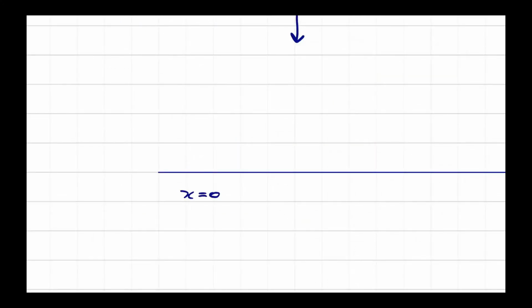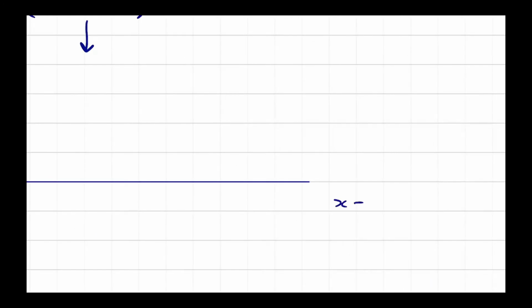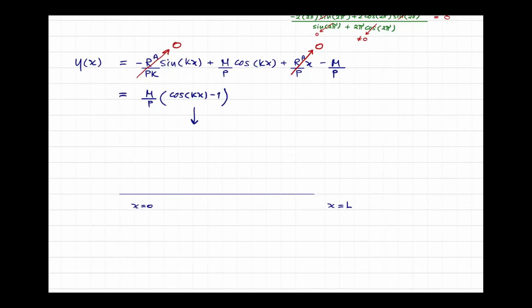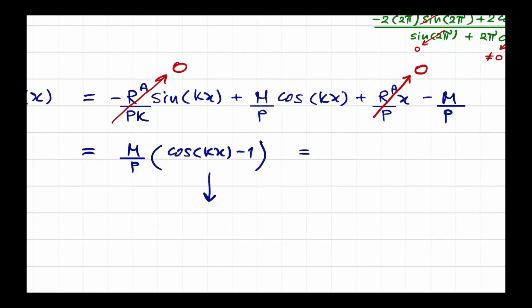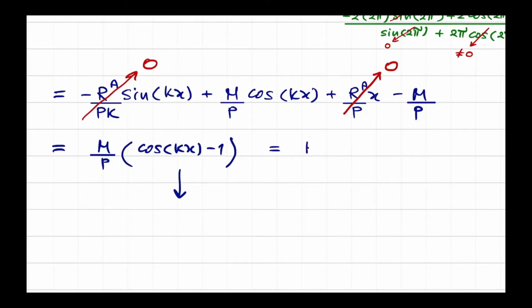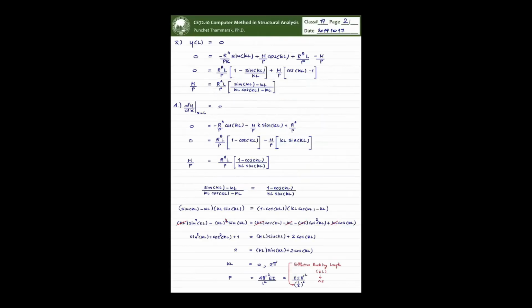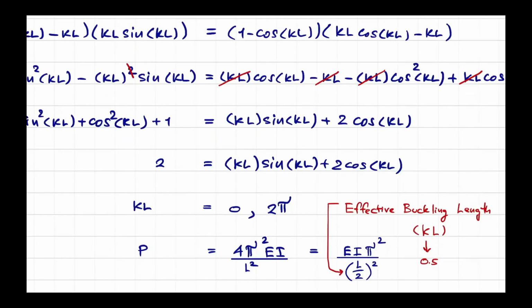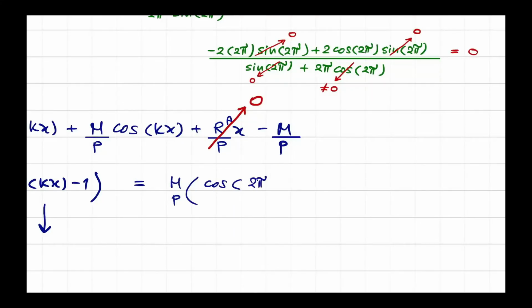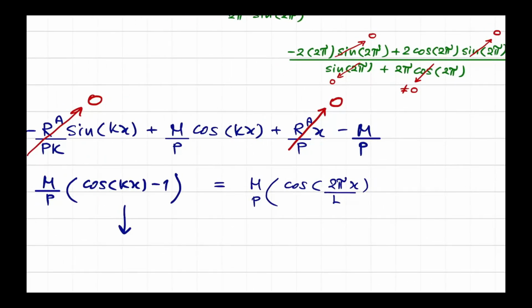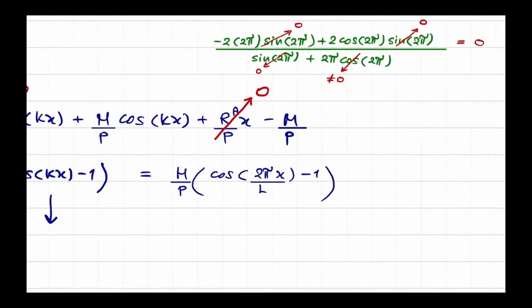So x equals 0, x equals L, and this is equal to M over P times cosine of k, where the k value is 2 pi over L, multiplied by x, and then minus 1, just like that.